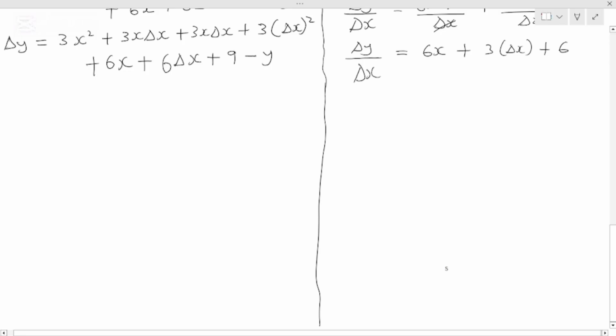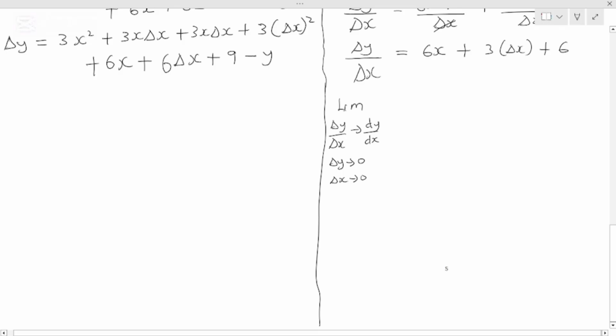So we take the limit as change in y over change in x tends to dy dx. And for infinitesimal changes, that's very small changes, change in y tends to 0, change in x tends to 0. So anywhere you see change in y over change in x, you change it to what? dy dx.